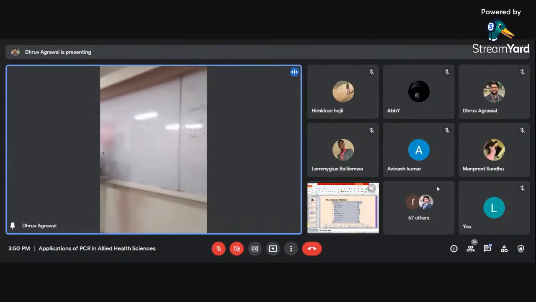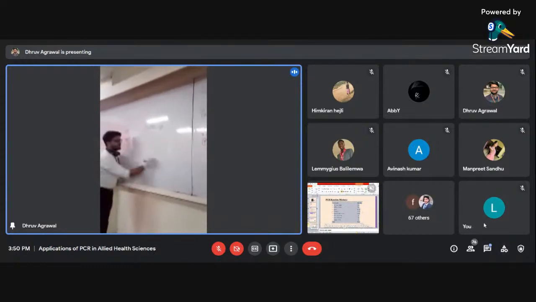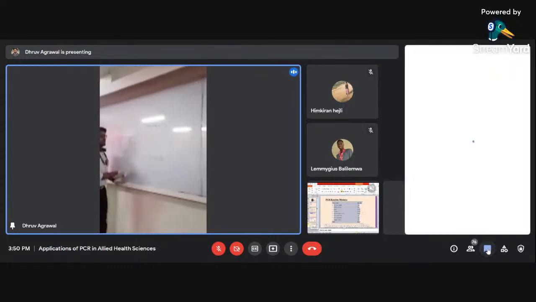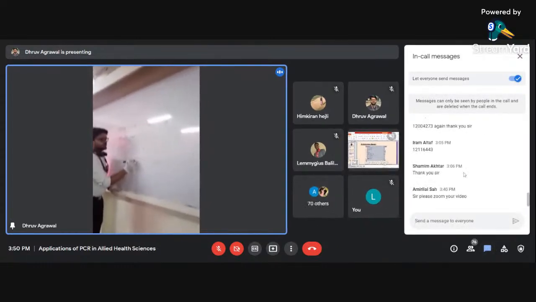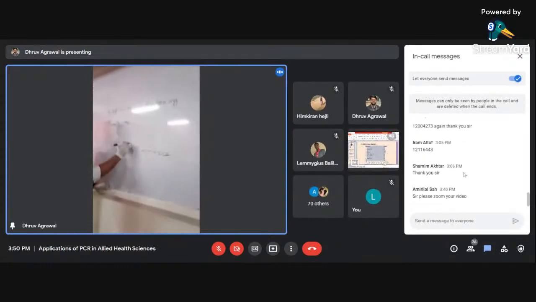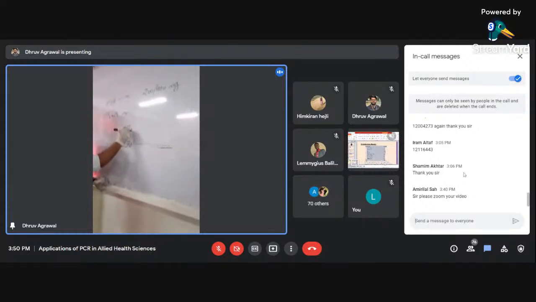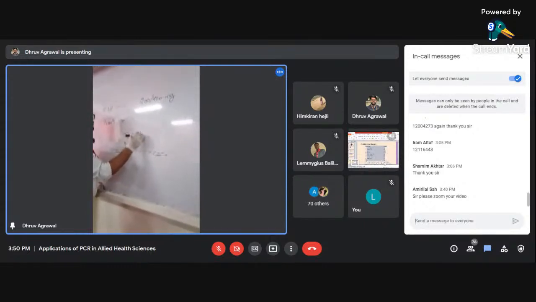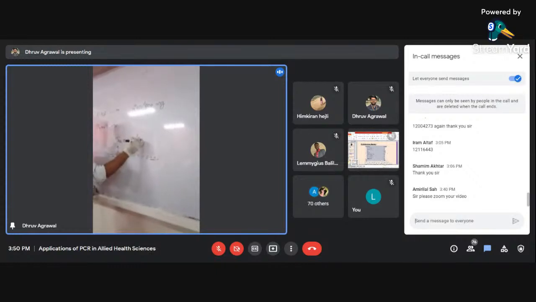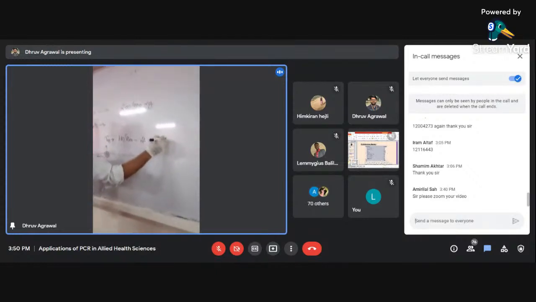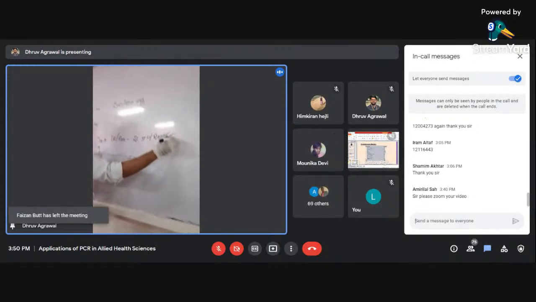And what else do you require? You have template, now you have primer, and you have to have some enzyme. So here you have Taq polymerase enzyme at 1 unit per reaction or 2.5 units per reaction of 50 microliter.